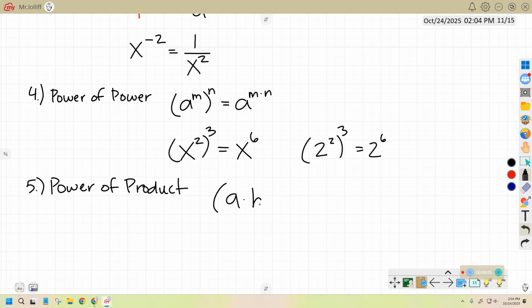So a times b raised to an exponent. Any guesses what I'm going to do with that exponent? Yeah, it's just going to distribute through that multiplication problem. So a to the m times b to the m. Yeah.